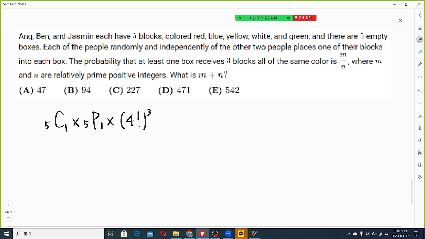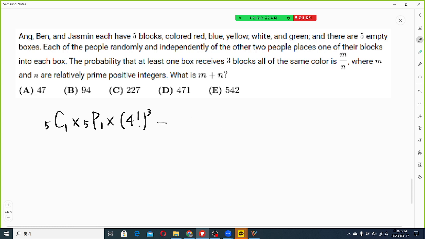However, this contains the case when two boxes have the same color. Because the arrangement of the remaining blocks is random, it must include the case when an additional box contains the same color.